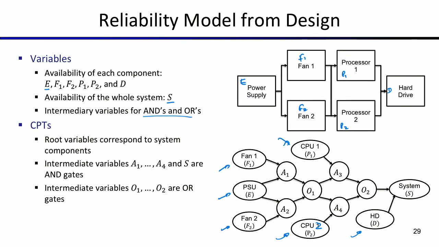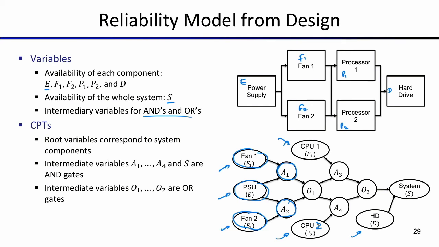So this is represented here: we have fan 1, we have the PSU, and we have this AND gate. This AND gate indicates that both are available. The same thing is going to happen for fan 2. Fan 2 and the PSU will be composed here by this node.